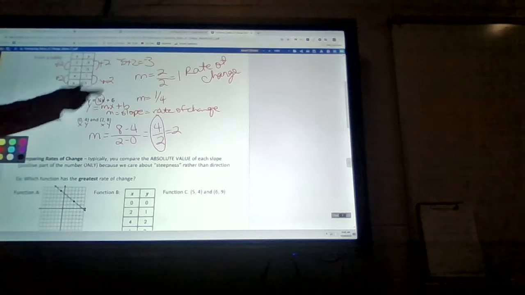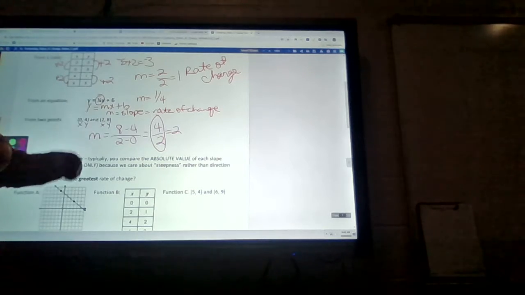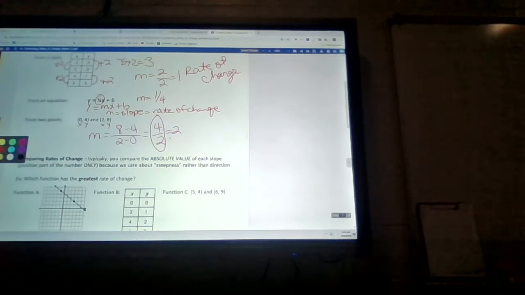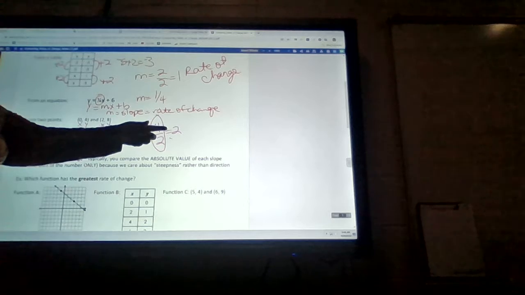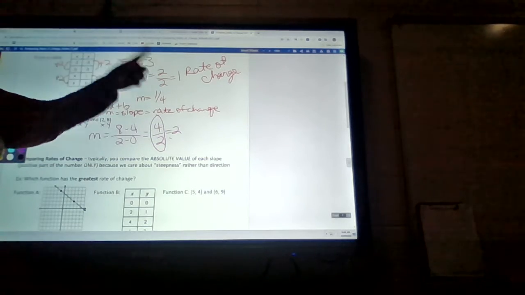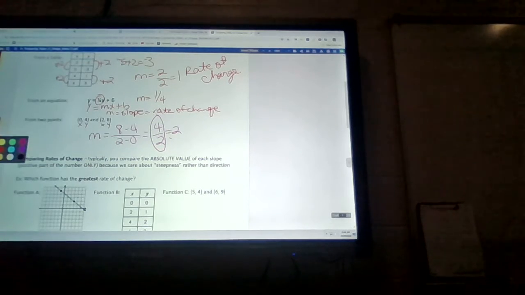So here I have a slope of 1, a slope of 1/4, and a slope of 2. So which one is the biggest slope? The 2. So the one that has the greater rate of change is this one. The one that has the smallest rate of change is this fraction.